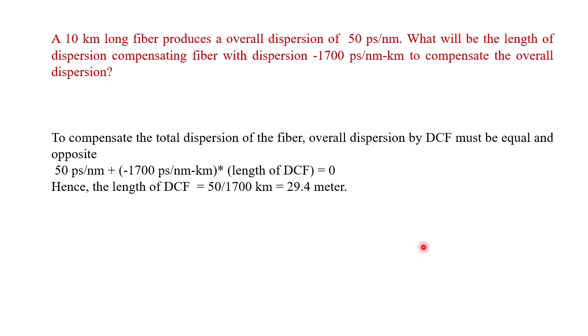Now, to compensate the total dispersion of the fiber, the overall dispersion by a dispersion compensating fiber must be equal and opposite. That means 50 picosecond per nanometer plus minus 1700 picosecond per nanometer kilometer times the length of the dispersion compensating fiber must be equal to 0.